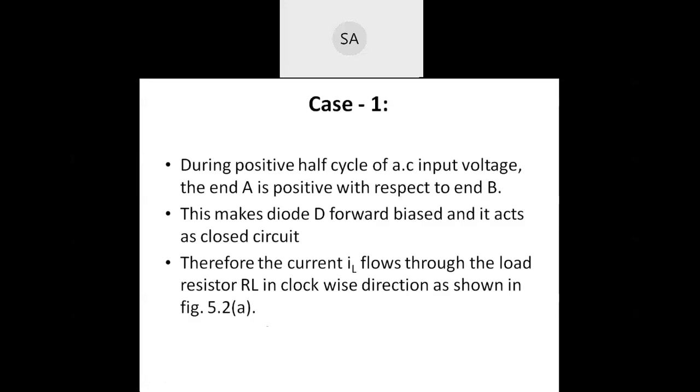So during the positive half cycle of the AC input voltage, the end A is positive with respect to end B. This makes diode D forward biased and it acts as a closed circuit.